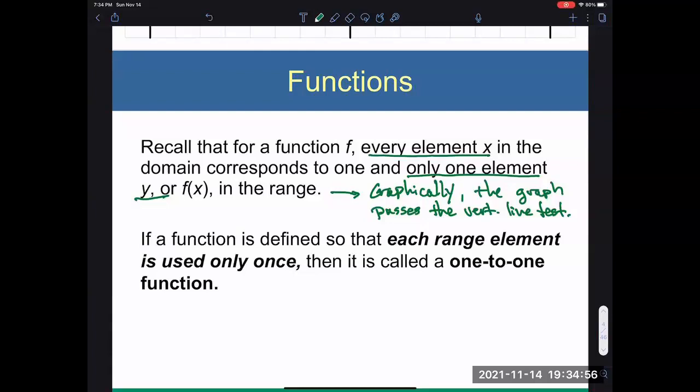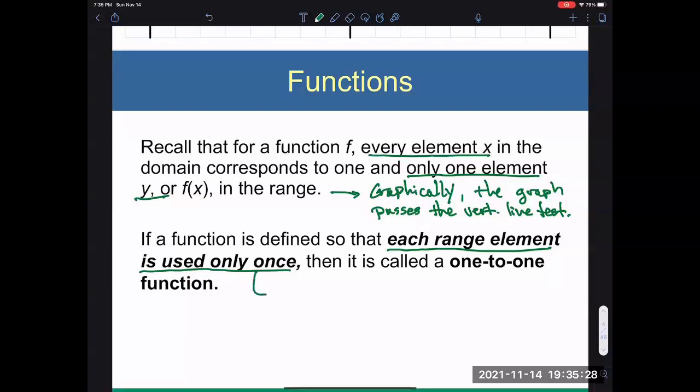So then they turn right around and remind us that if the original graph that you're looking at is such that each range element, each y value, is used only once, that means the graph only hits each y value one time. That would mean that for every horizontal line, fixing all of the y's at 5, you would only hit the graph once.